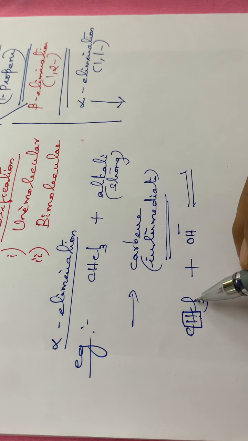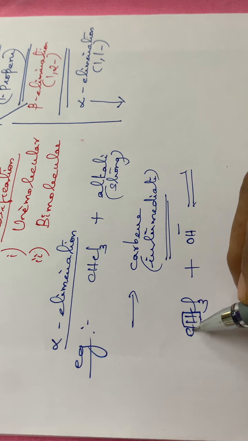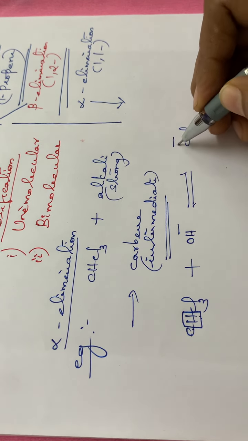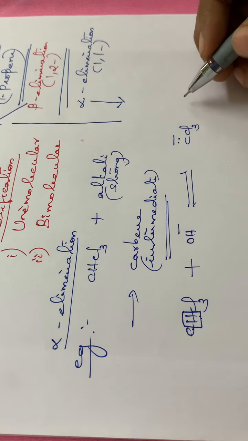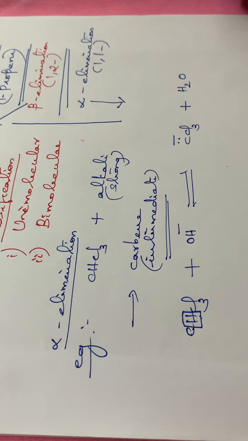So what will be the remaining? Since the proton is eliminated as H plus, the electron pair will be retained at this carbon atom, which gets a negative charge. So it becomes CCl3 minus with a lone pair of electrons, plus water.